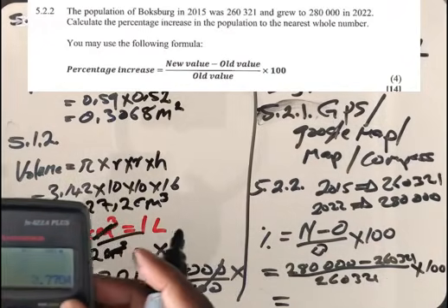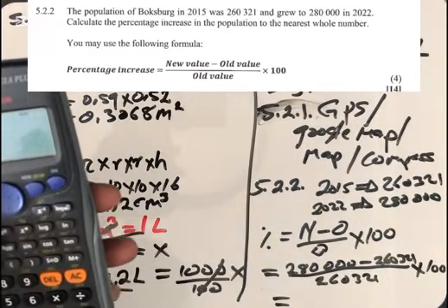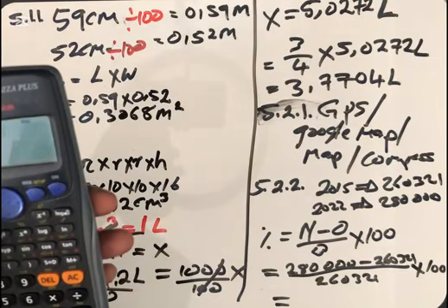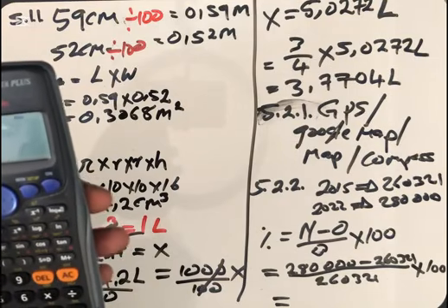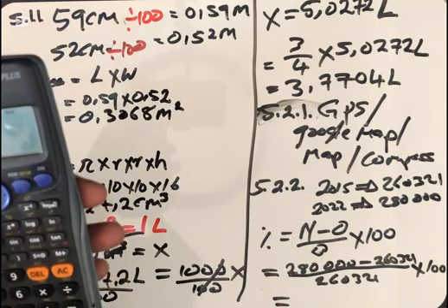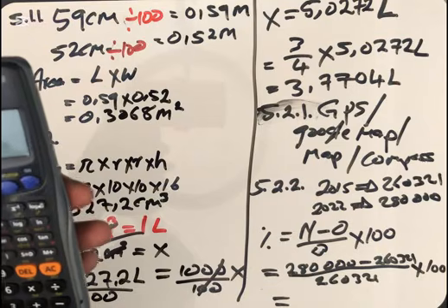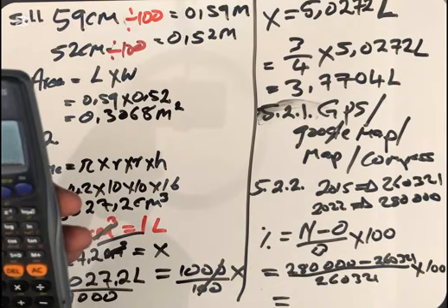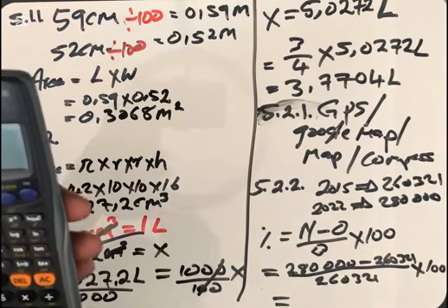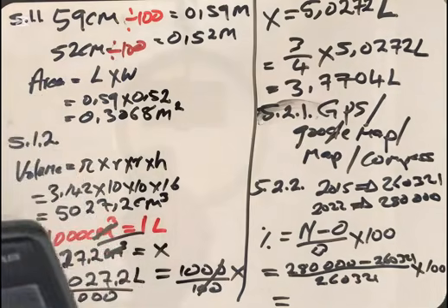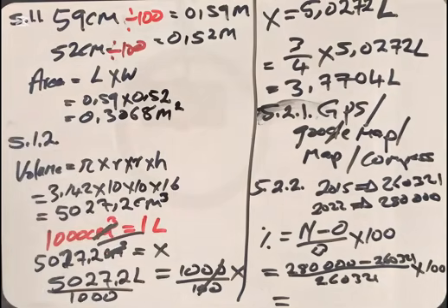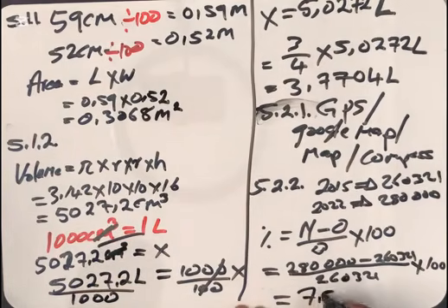We can put everything here in the calculator to find the final answer: 280,000 minus 260,321 over 260,321. Multiply everything by 100. We found that it has grown by 7.559%.